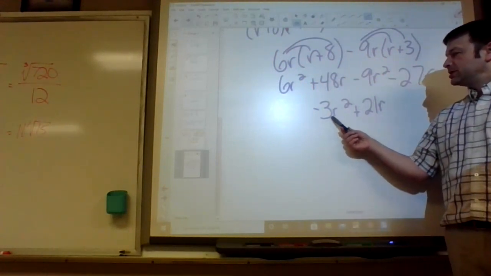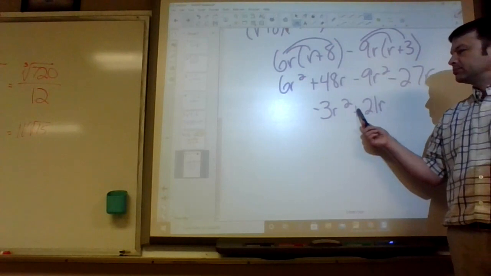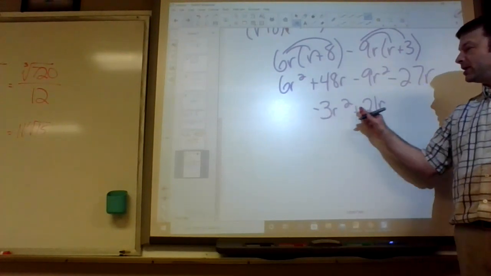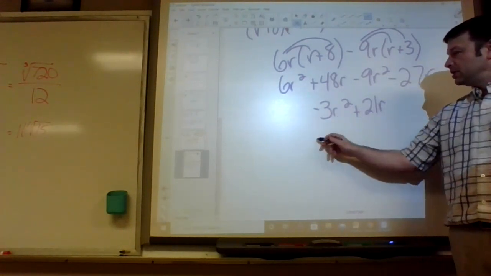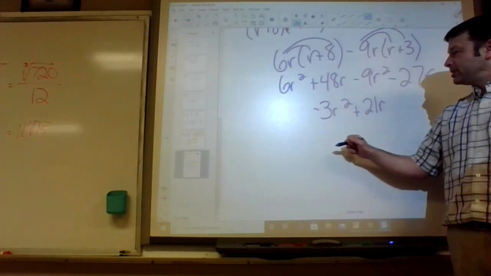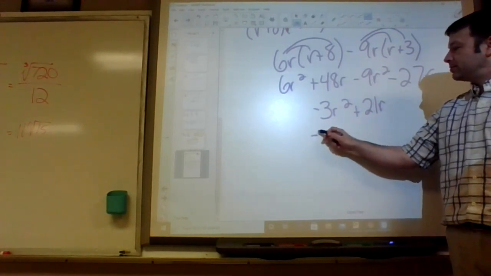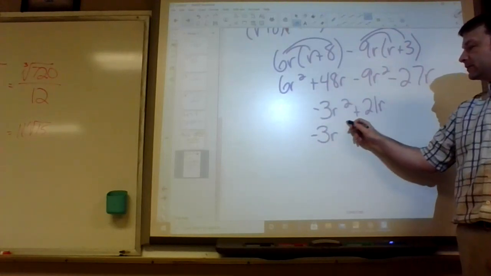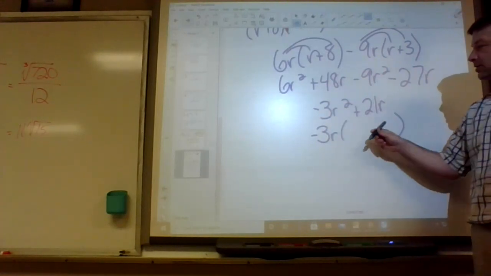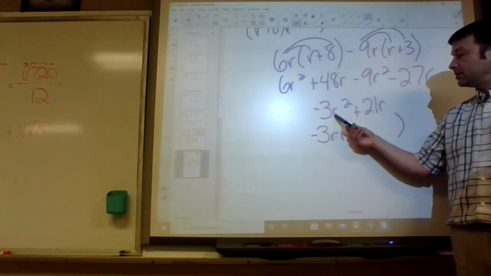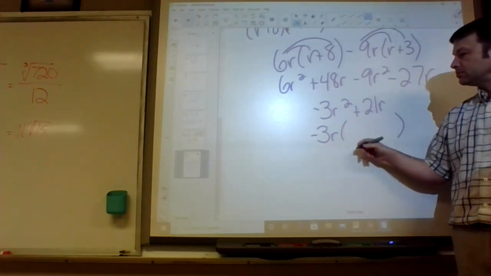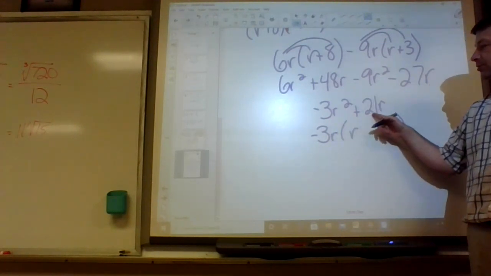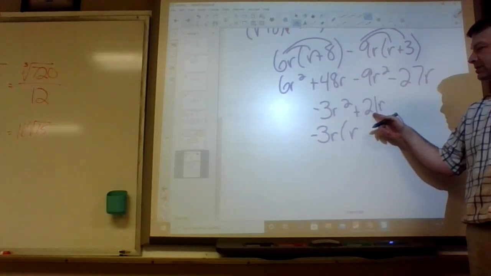Does this factor? It doesn't simplify anymore, we can't add anything. I'm going to take a negative 3r out, just so that my front term is not negative. And then what's left if I do that? What's 21 divided by negative 3?